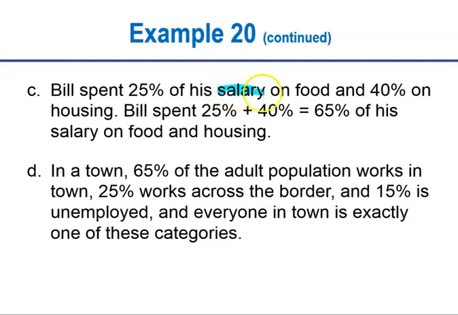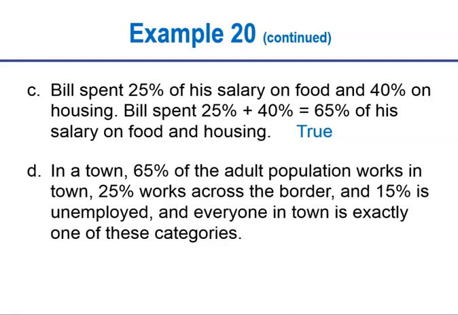That's of his salary. Both of them are on the same calculation. So it is true that he would spend 65% of his salary, because 25% of his salary plus 40% of his salary would equal 65% of his salary. So that is true. But if your percents are of different amounts, you cannot add those percents together.